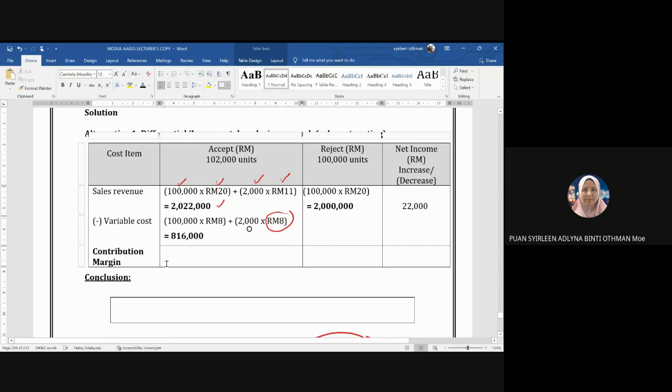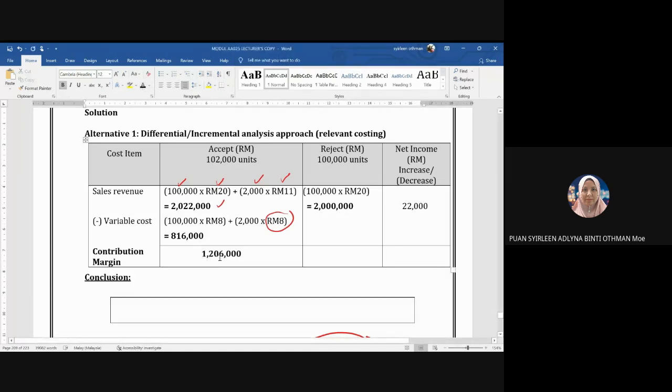So total dekat sini kalau kamu tengok contribution margin di column accept, okay, nilai dia ialah 1,206,000. Sales minus variable. Ni berbeza make or buy tadi kita campur semua. Tapi kalau yang ni sales minus VC.